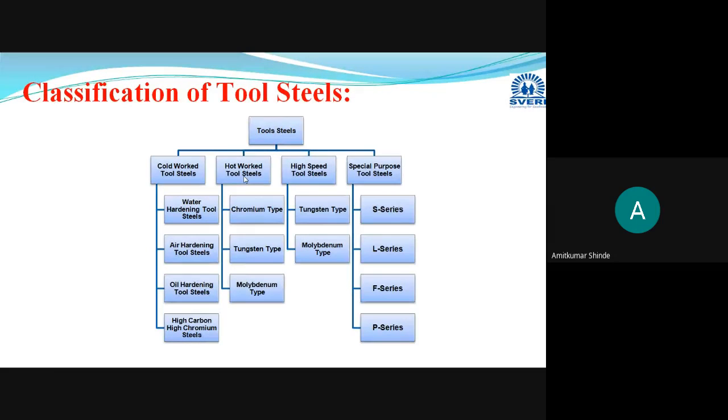Now, here a question will arise: what is the meaning of recrystallization temperature? I will tell you that whenever you are heating a material, suppose you have taken any metal or alloy and you have started providing gradual heat, then its temperature will rise.